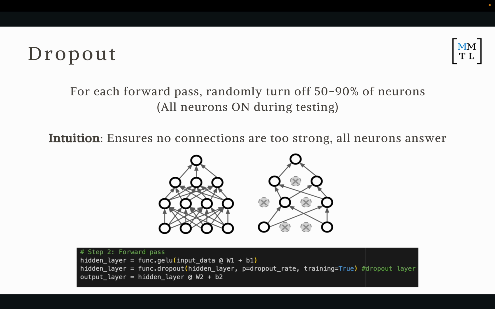If there are 1 or 2 or 10 neurons that are really important, answering every single time, during dropout they're going to do really poorly because those neurons might be switched off. So it spreads the load and the knowledge, the neurons are all involved in the answer, and the neural network is very robust.